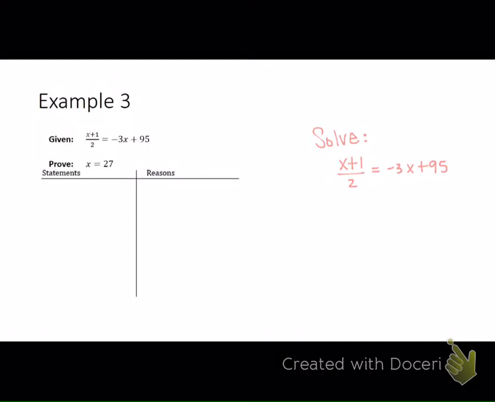Justin, what would you do first in this one? Yeah, when you multiply by 2 on both sides, you need to make sure that you give it to everything over here. So that cancels out there, so that's x plus 1 equals negative 6x plus 190.